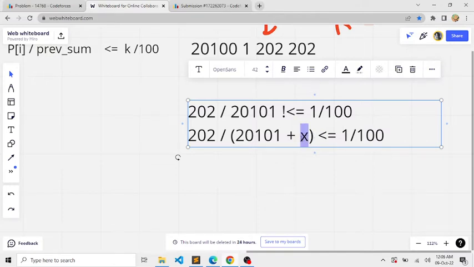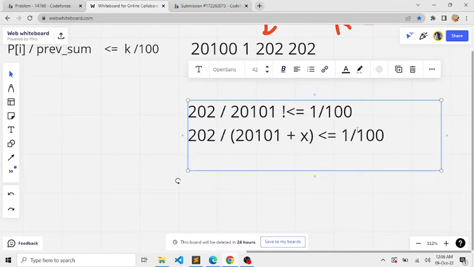Now in order to find the value of x, there are multiple possible approaches, like you can use binary search, which can also work, but in this situation we'll not use binary search but just plain mathematics, which I think would be much easier.